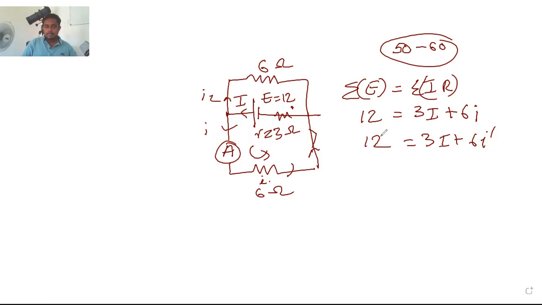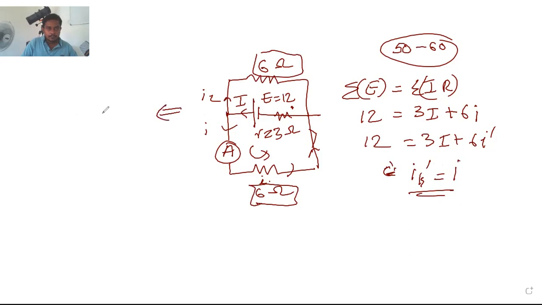So the currents are equal, because this resistance is also the same, we can say this. Okay, so now I can simplify this circuit in this manner.